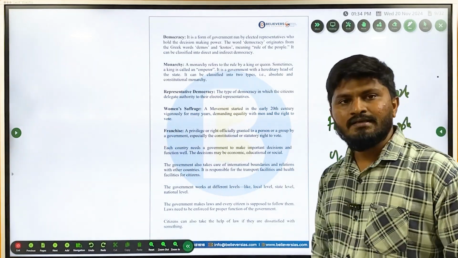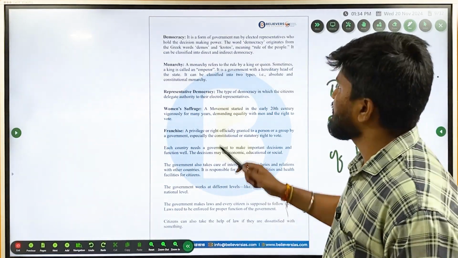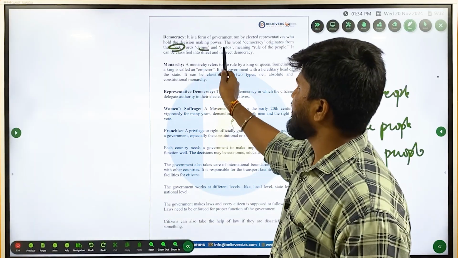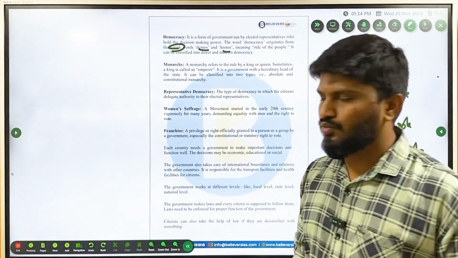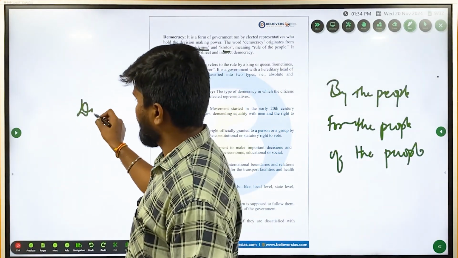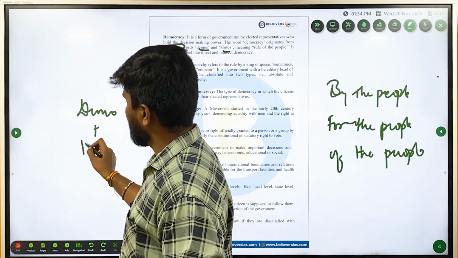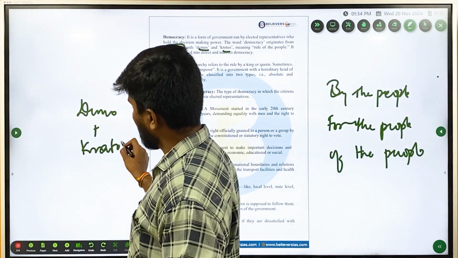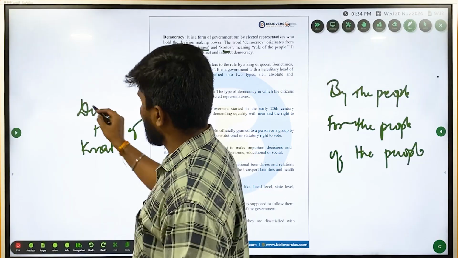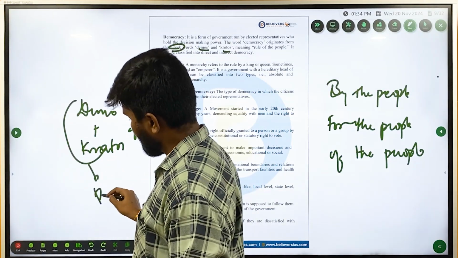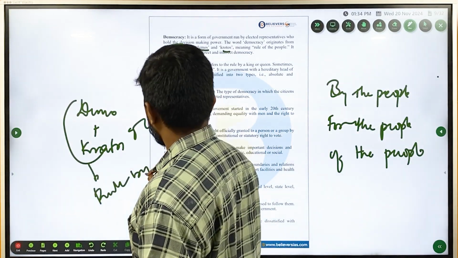But in its literal form, democracy is derived from the Greek words demos and kratos, which means rule of the people.